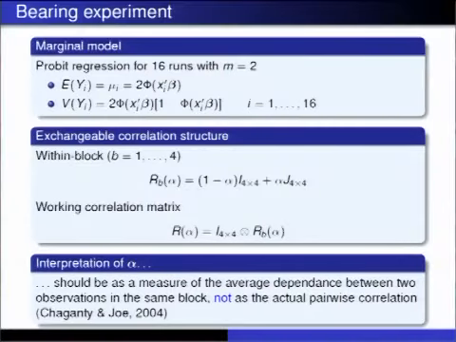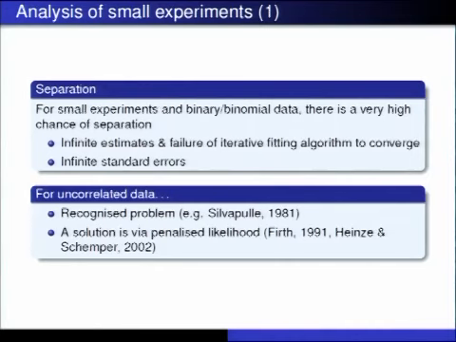So Chaganty and Joe actually suggest not thinking of alpha as the actual pairwise correlation, rather as some kind of overall measure of the relationship between two observations. In fact, they suggest in the estimation procedure you might want to fix alpha at some value you think is sensible rather than estimating it from the data. Right, so that's basically the model we're going to try and use.